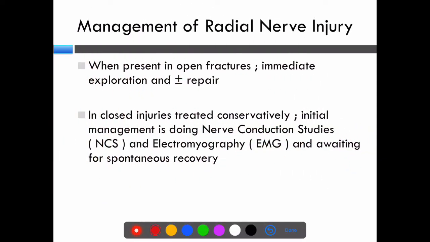So how do we manage radial nerve injury? We have to explore the radial nerve immediately when there is an open fracture, and then we try to repair it. But in case of closed injuries, we do not need to explore the radial nerve immediately. What we do is we observe the progress of the radial nerve injury by doing nerve conduction studies or electromyography at frequent intervals and awaiting spontaneous recovery.